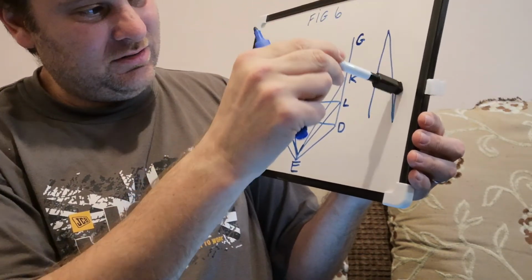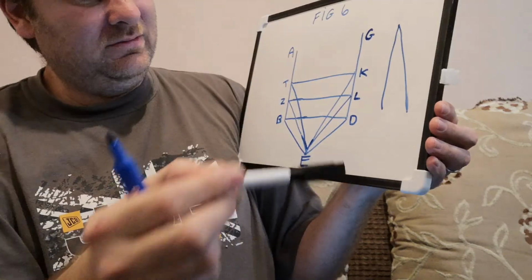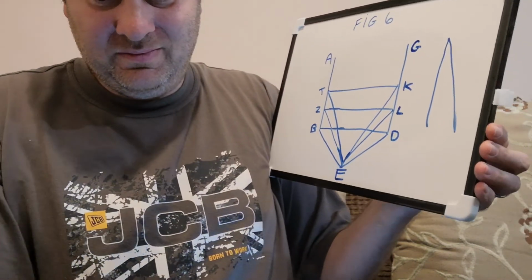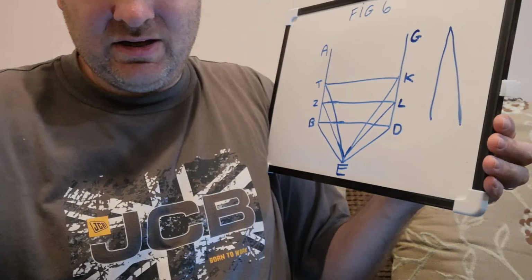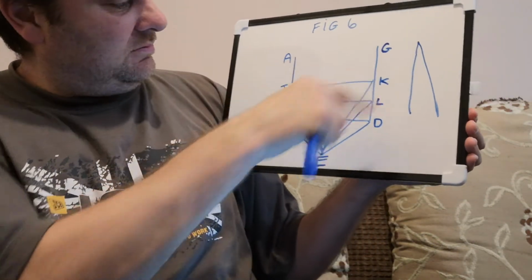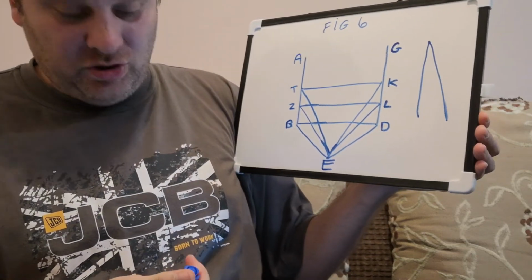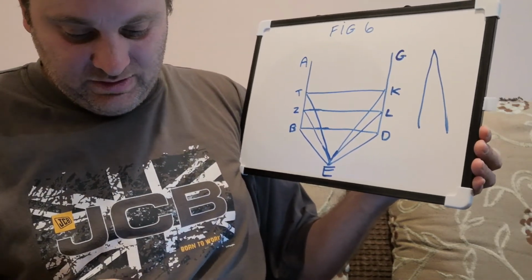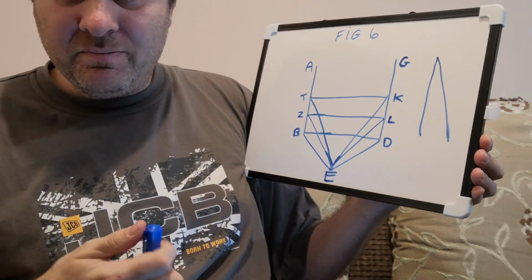We know in reality they don't go like that, but they appear to do that. And this here, what I've just shown you, is the equation, the geometry for that. Yep, and that's it for this one.